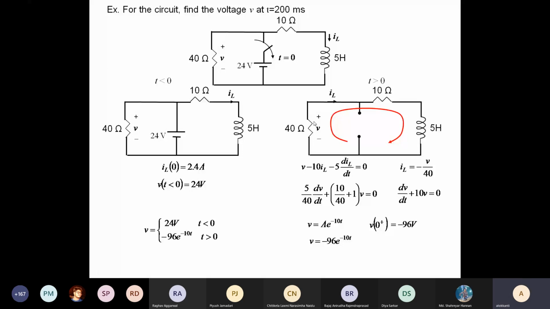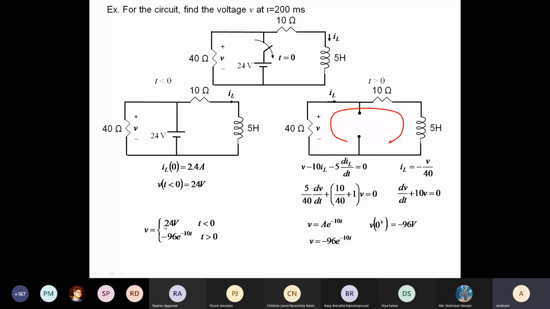So we get the voltage expression like this: for t less than 0 it is 24 volts, which we directly got from here. For t greater than 0, from the analysis on the right hand side, it is minus 96 e to the power minus 10t.